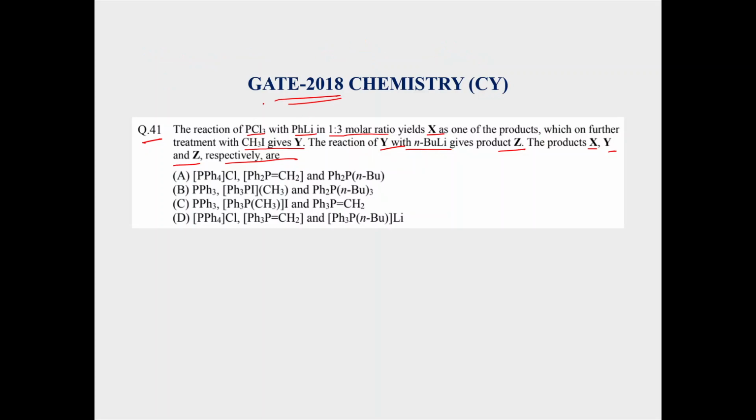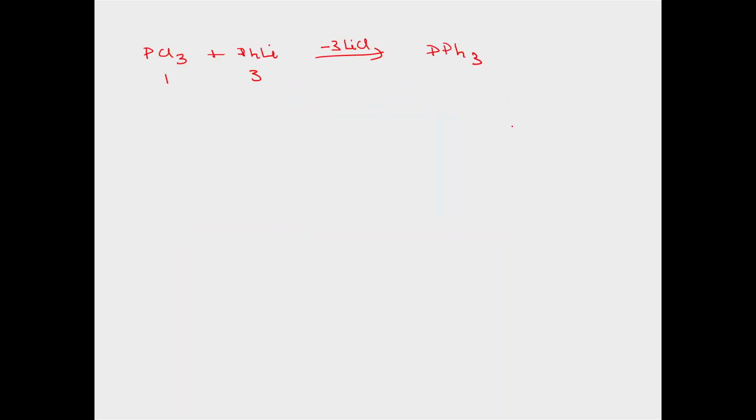So the first reaction, that is the reaction of PCl3 with PhLi in 1:3 molar ratio yields X as one of the products. So from this first reaction, we will get PPh3 and LiCl, right?